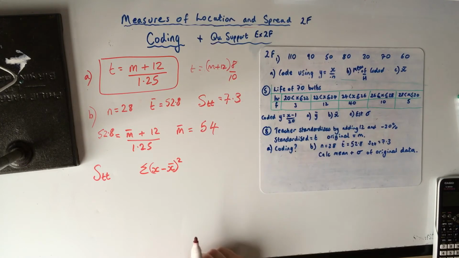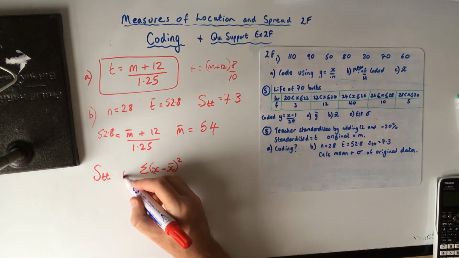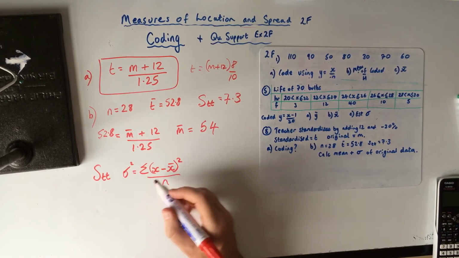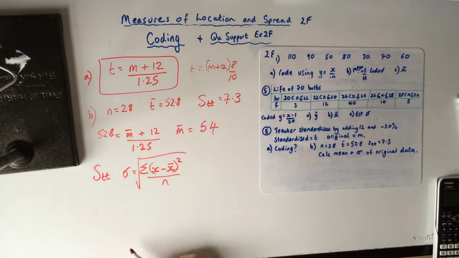It comes from the original formula for finding the standard deviation. And the variance is that over n, and the standard deviation is the square root of all of that. So that's what that figure is here, that 7.3.